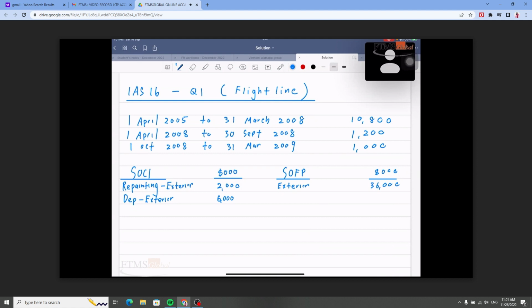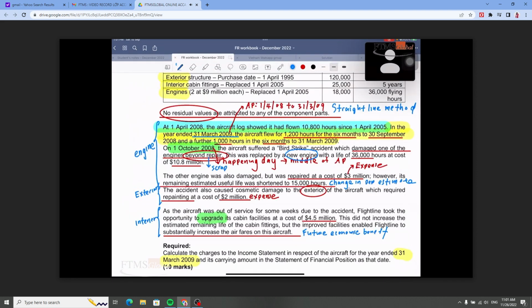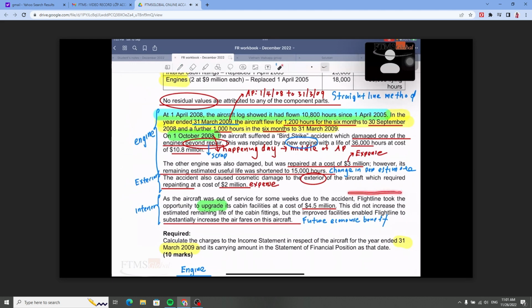Okay, right. So the next one we will do must be interior. Look at the story again to remind ourselves. Interior is this part. What's the story about interior? Interior is talking about upgrade.